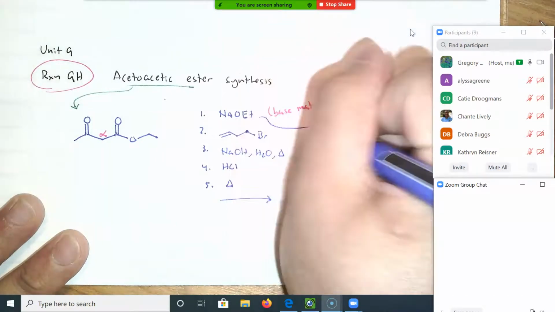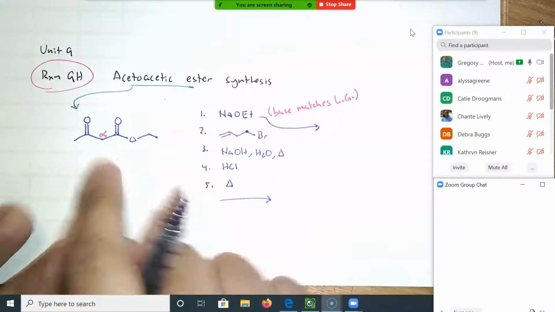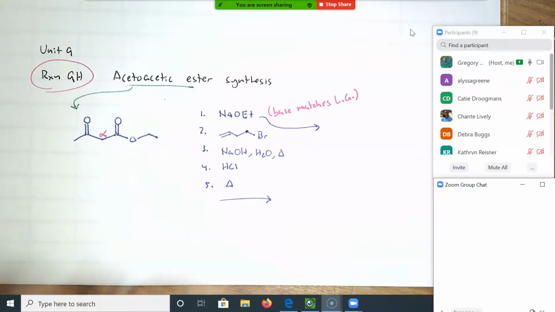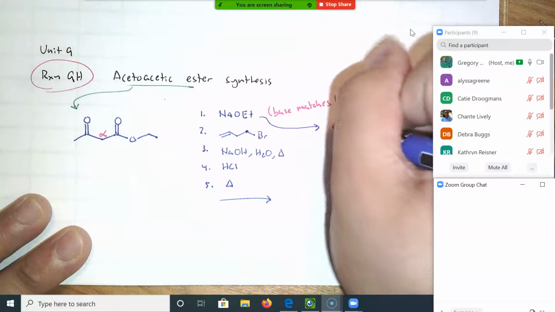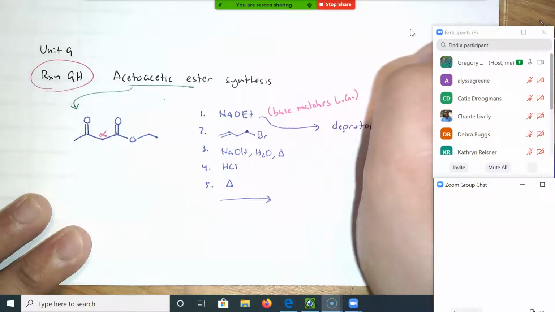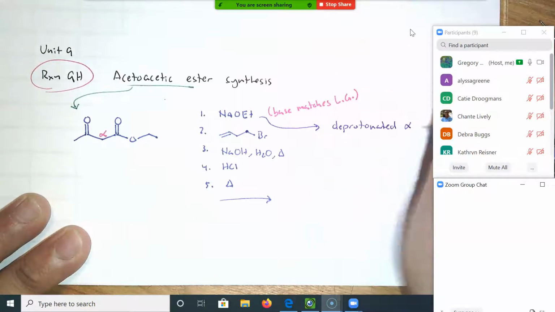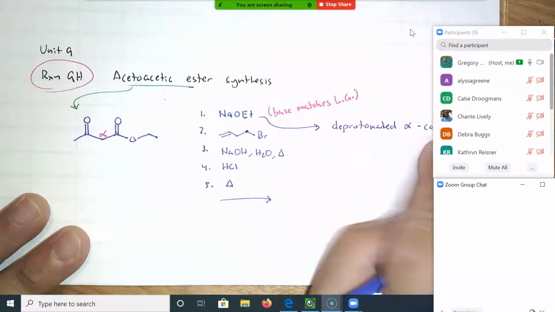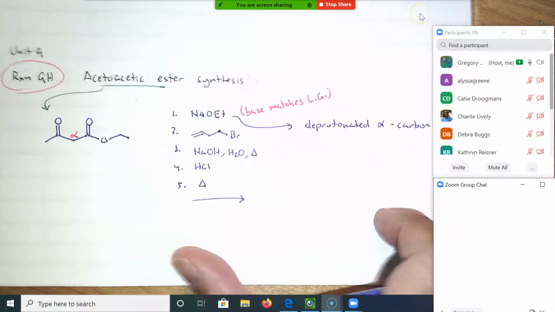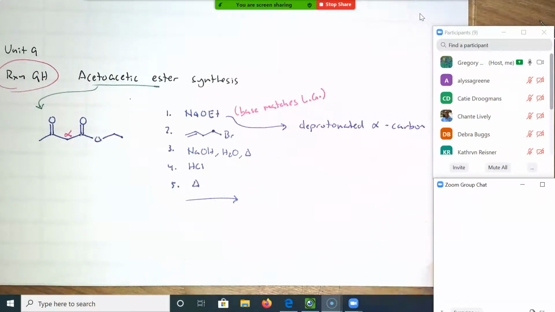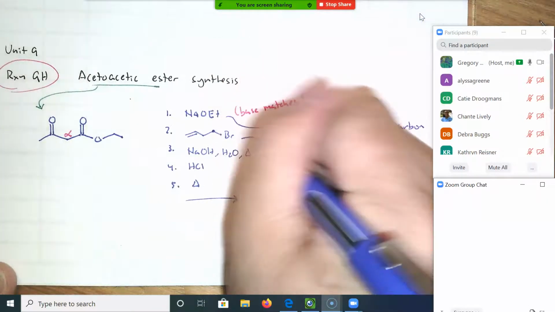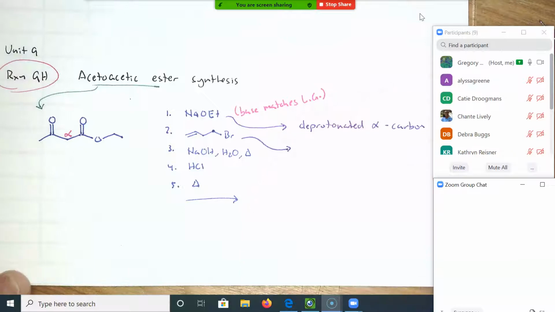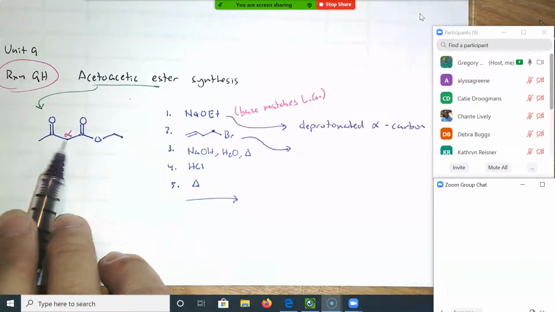After the first reaction, I deprotonated the alpha carbon. So literally 1, 2, 3 words. Deprotonated the alpha carbon. What is this? Okay. I'm imagining a minus charge right here.